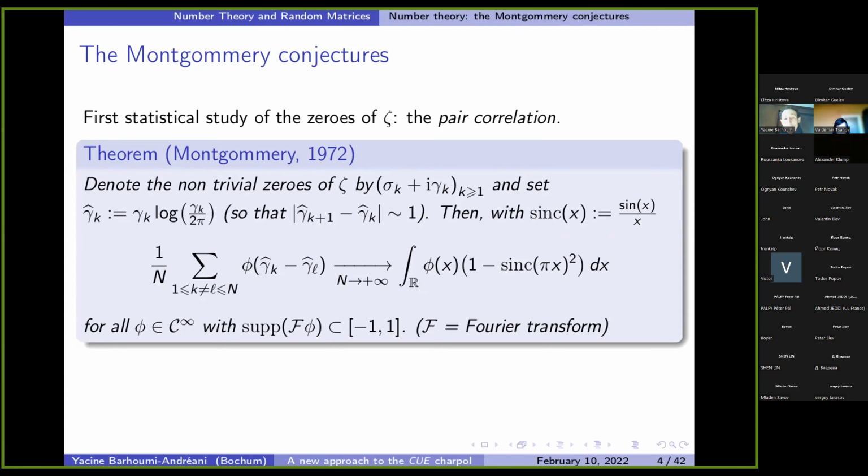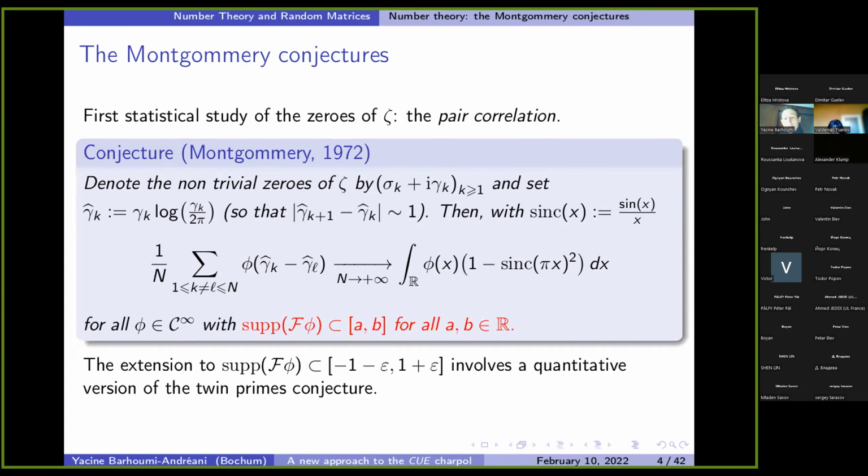But if you want to extend the support of the Fourier transform outside -1, 1, then you need a quantitative version of the twin primes conjecture, and this time it's a conjecture. This is related to the method of computation.